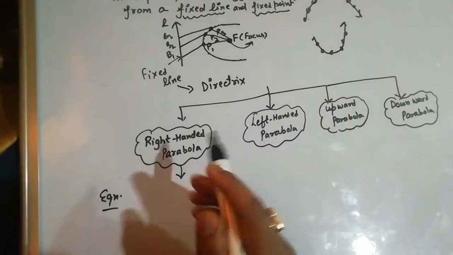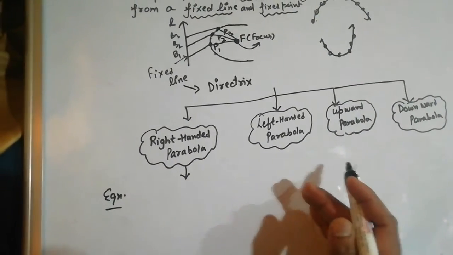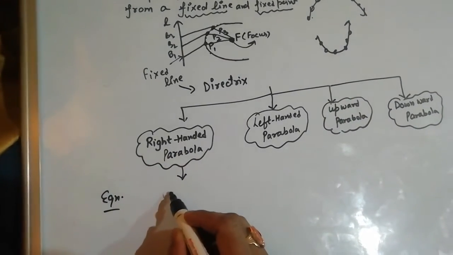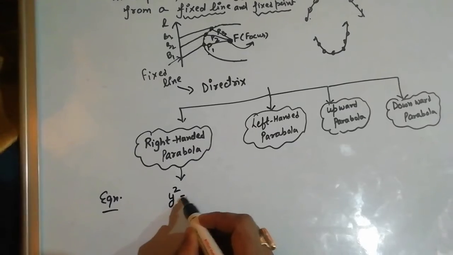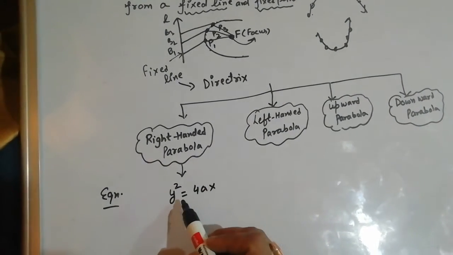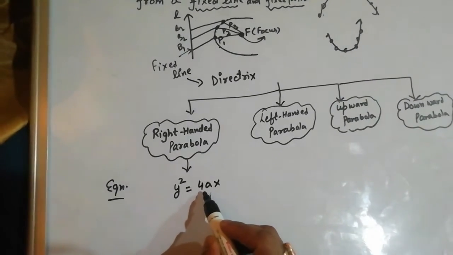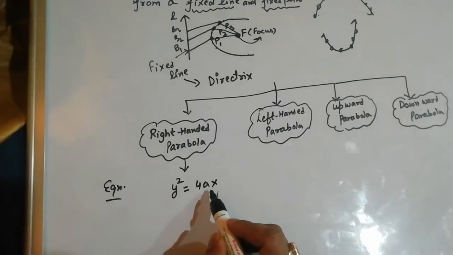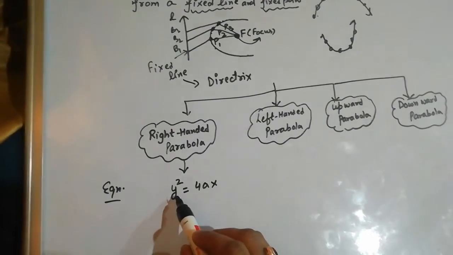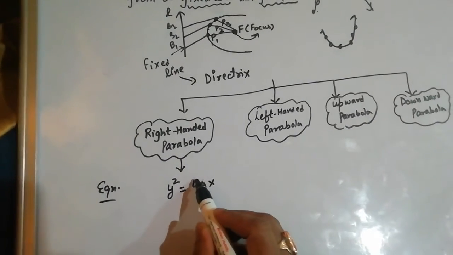As we are saying right-handed, right-hand side means along the x-axis. So the equation of the right-handed parabola is y square equal to 4ax. Here the vertex of the parabola is at the origin, and the curve is along the x-axis. So how to check? You have to check 4a.